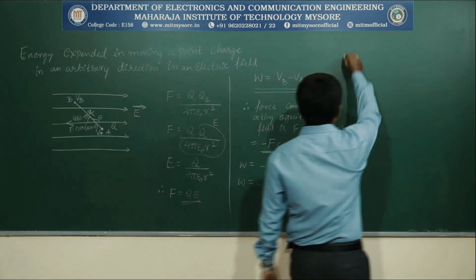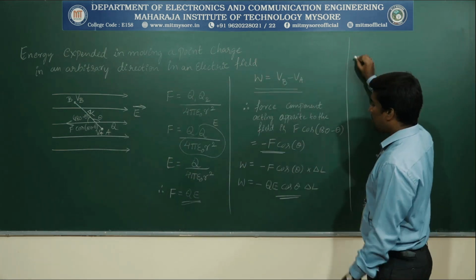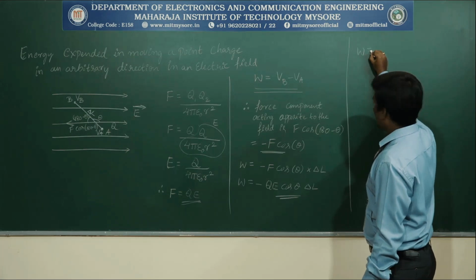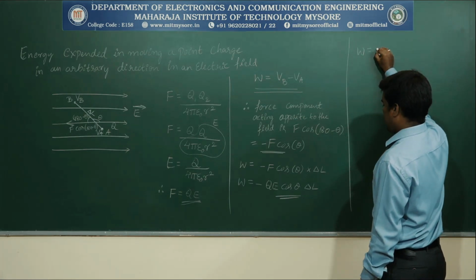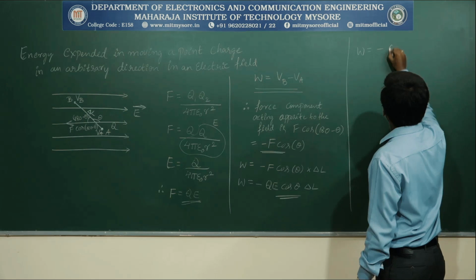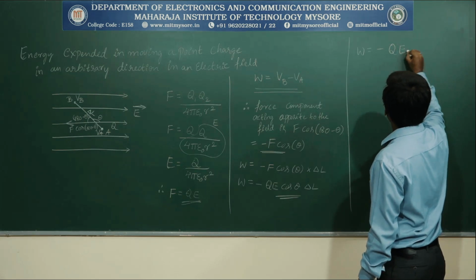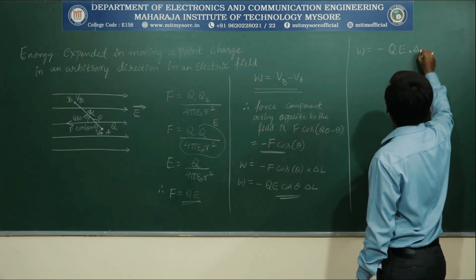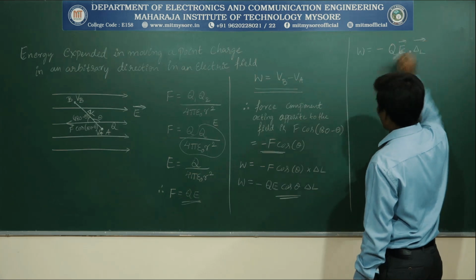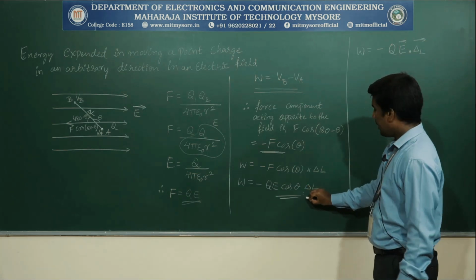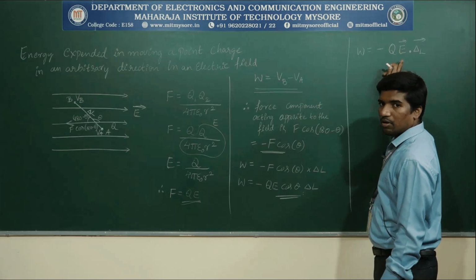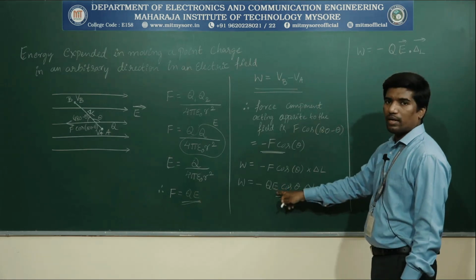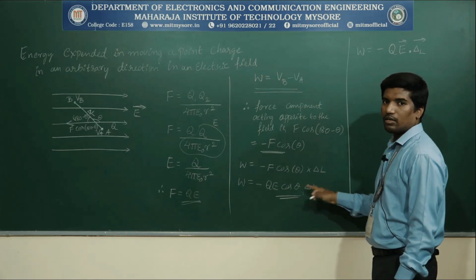If we represent this in terms of dot product, W is equal to minus Q into E dot delta L. If we represent this term in terms of dot product, we know that dot product is equal to magnitude of one quantity into magnitude of another quantity into cos theta.